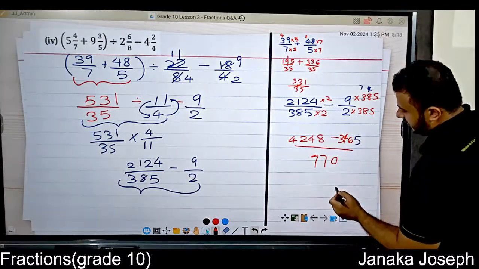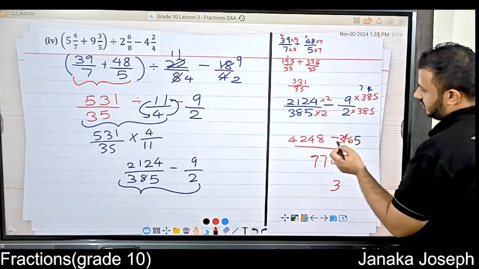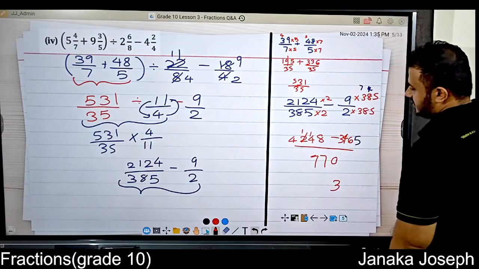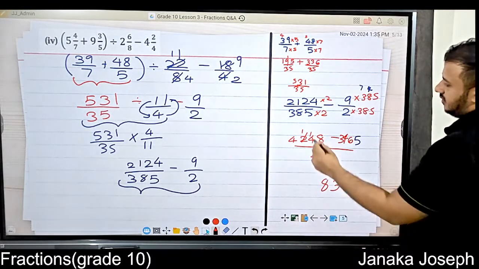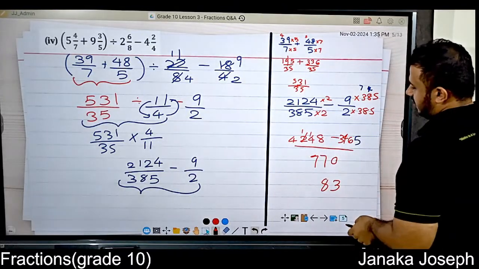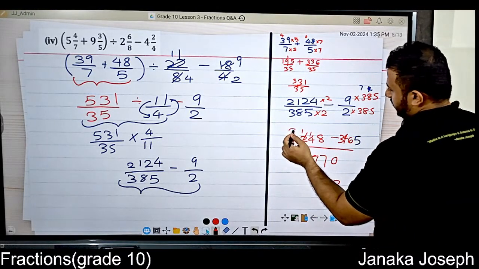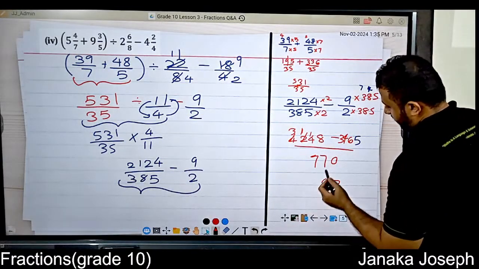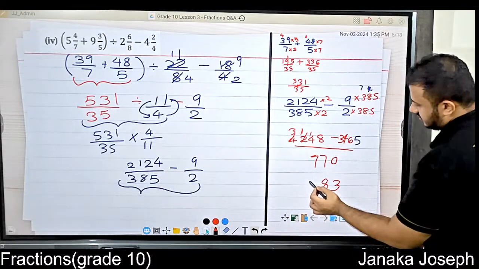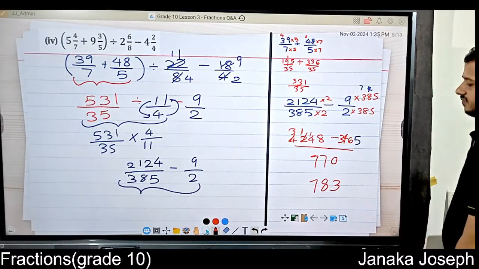8 take away 5, 3. 4 take away 6, can't do it, ask from the neighbor. 14 take away 6 is 8. 1 take away 3, 4, can't do it, ask from the neighbor. 11 take away 3, take away 4, that's 7. And 3 take away 3 is nothing.